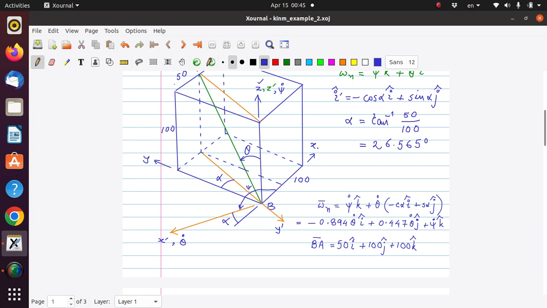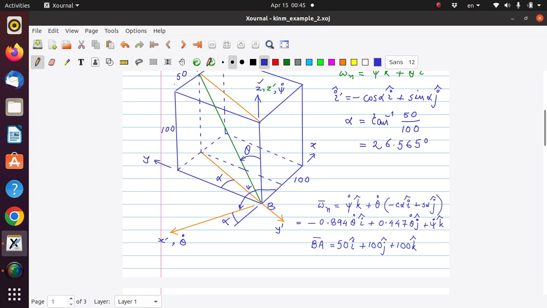Just remember this small x, small y, small z are parallel to the inertial references, inertial coordinate system fixed to inertial reference.